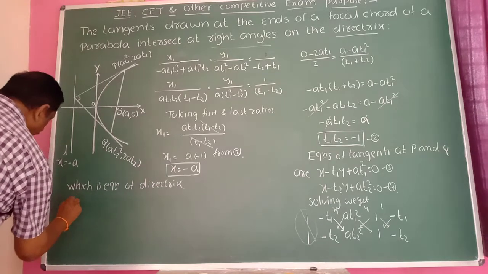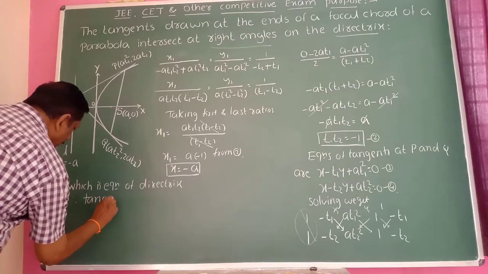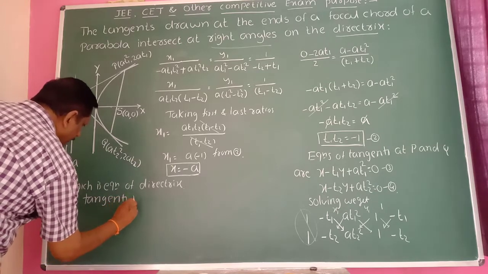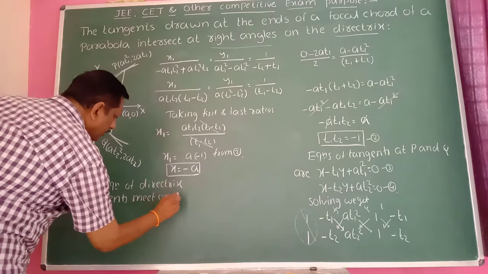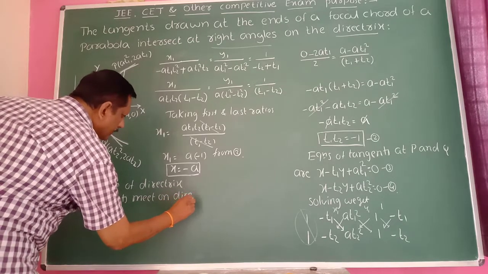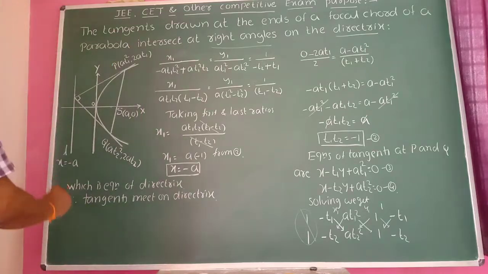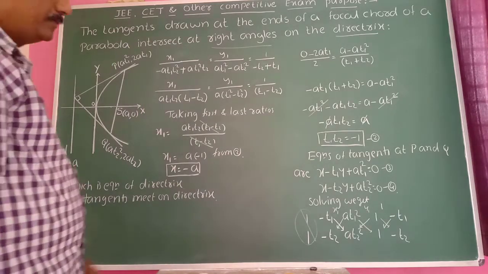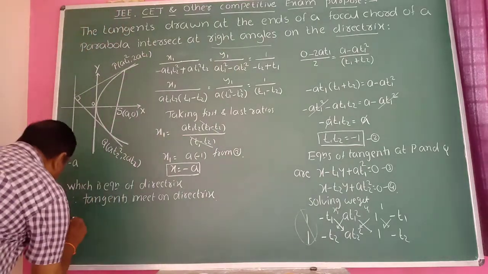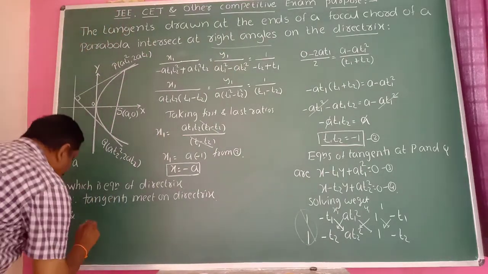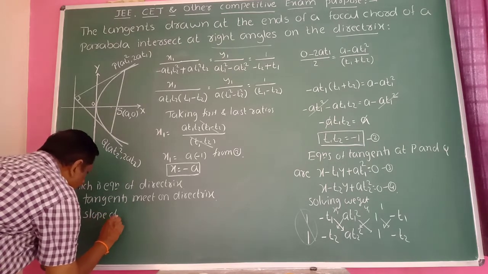Therefore, tangents meet on directrix. Then find its slope here, slope of tangent.